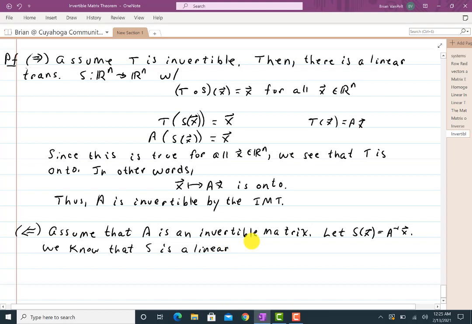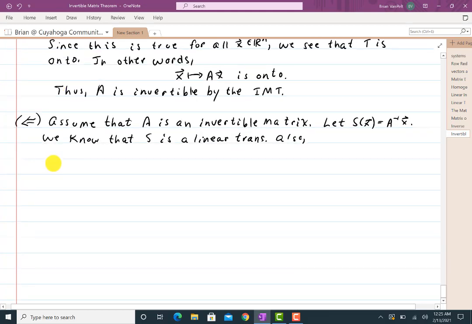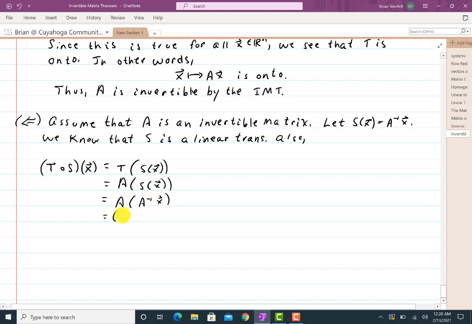That was proven a long time ago. Also, let's take a look at what we have here. If I try to do T circle S of x, that's T of S of x, which is A of S of x, which is A times A inverse times x. Regroup: A A inverse x equals I sub n x equals x.